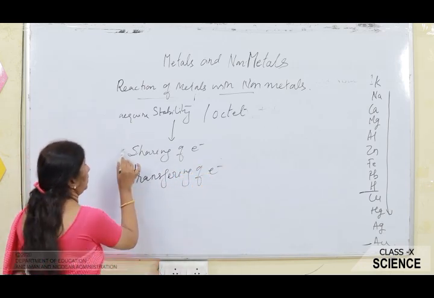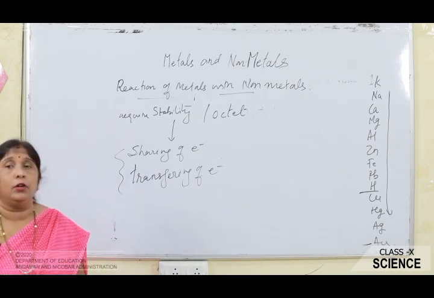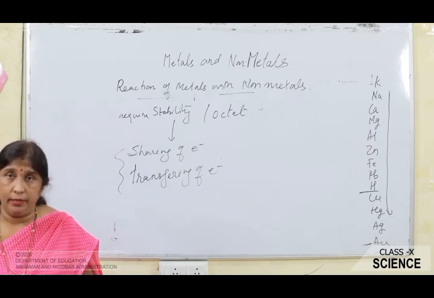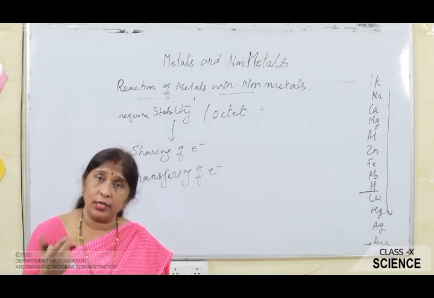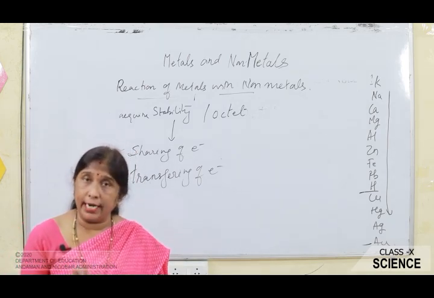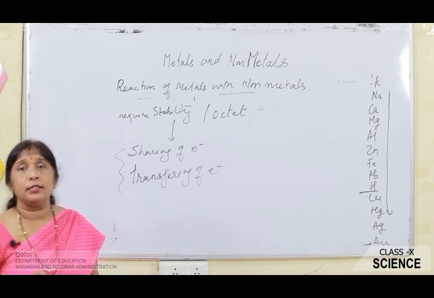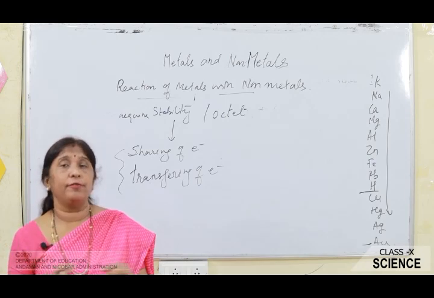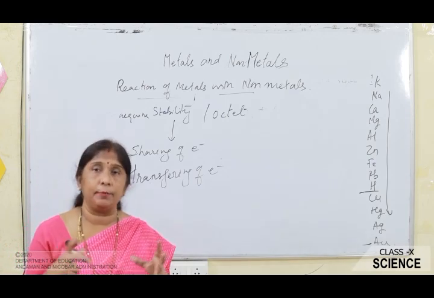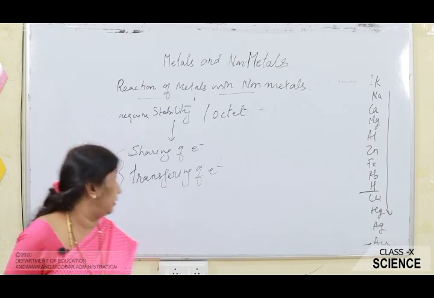These are the two possibilities with which a metal or a non-metal can become stable. Whether it is a metal or a non-metal, they are elements made up of atoms. So whenever the metal and non-metal combine together, the atoms of the metal and the atoms of the non-metal take part in the bonding.